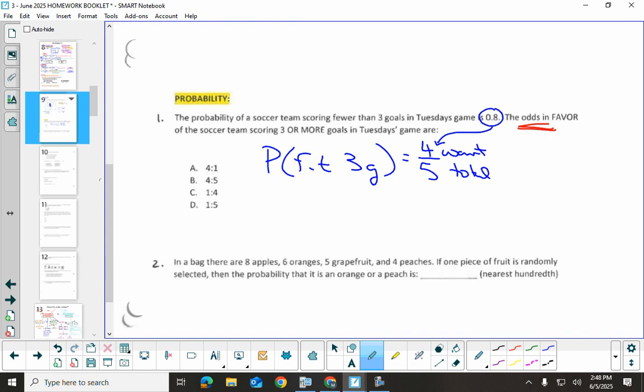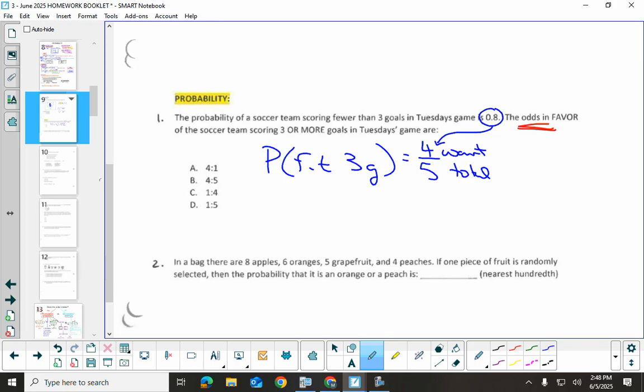Now, this question is mean. Because here's the thing: this is the probability of scoring less than 3 goals. They want the odds in favor of scoring 3 or more goals.